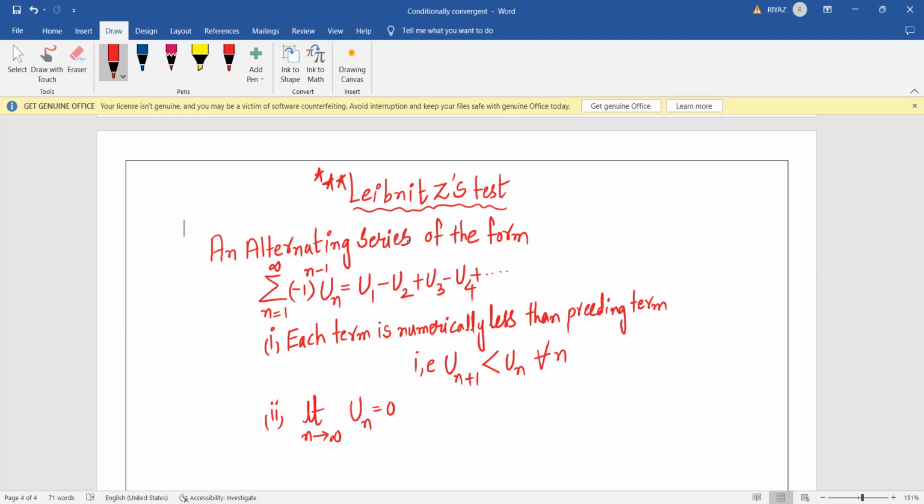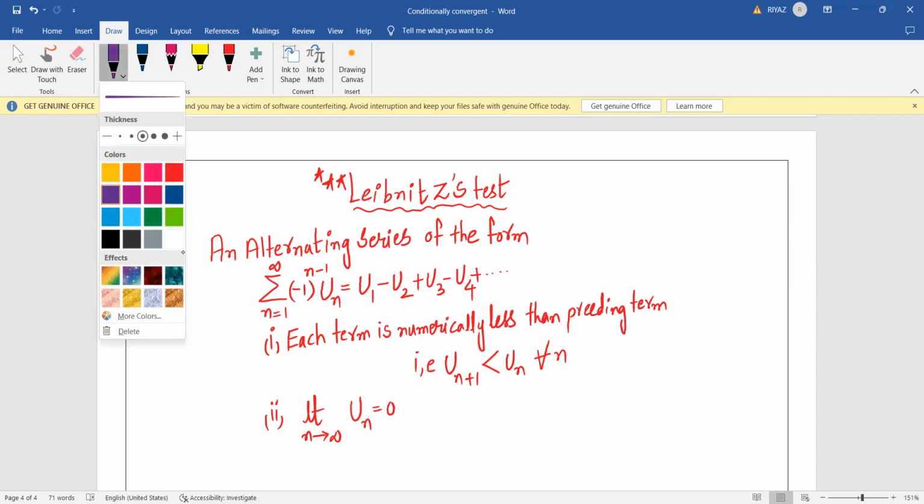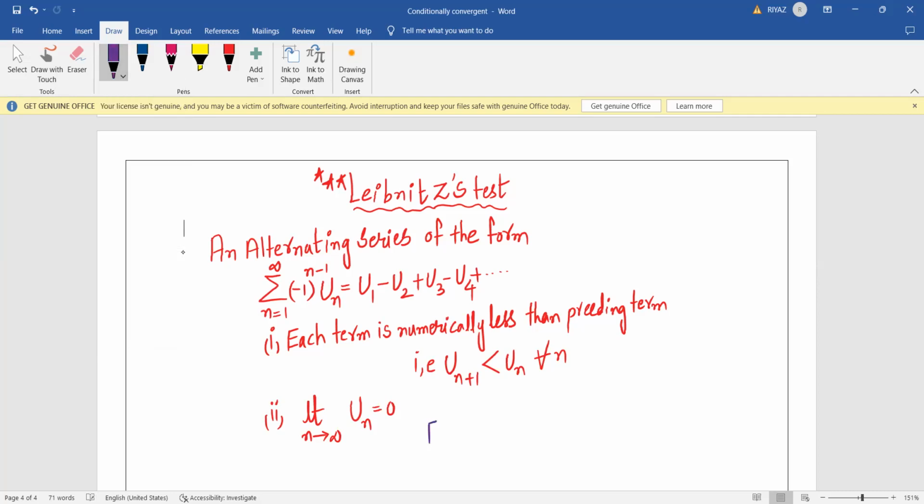If you want to see an example, this is the best example: 1 minus 1 by 2 plus 1 by 3 minus 1 by 4 plus and so on. Can we say it is an alternating series? Yes, because it goes minus, plus.